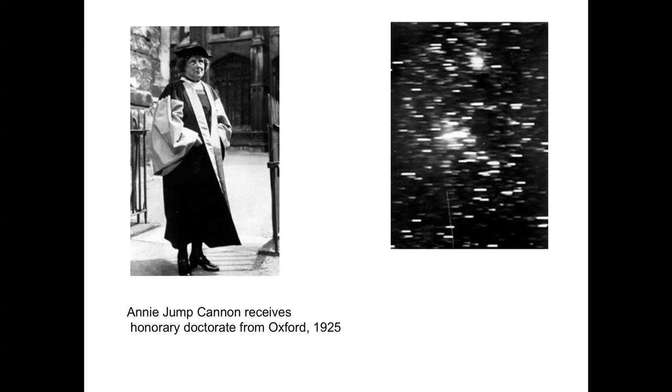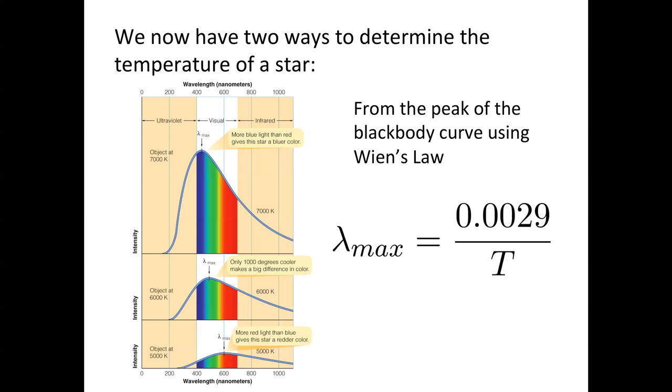I've looked at the original Annie Jump Cannon plate material, and as a class exercise when I was in graduate school, had to classify some of these stars. And it's amazing how well you can do with this kind of material. So she set up the original classification system, which then got elaborated once the atomic physics was understood more thoroughly.